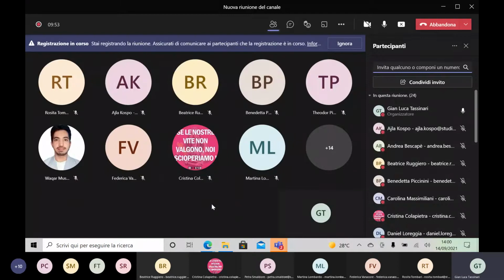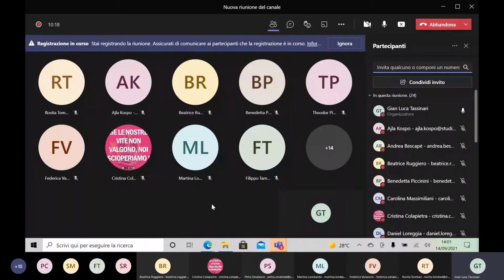Okay, guys, so we continue with the lecture of this morning. The last topic of this morning was represented by polynomial functions.